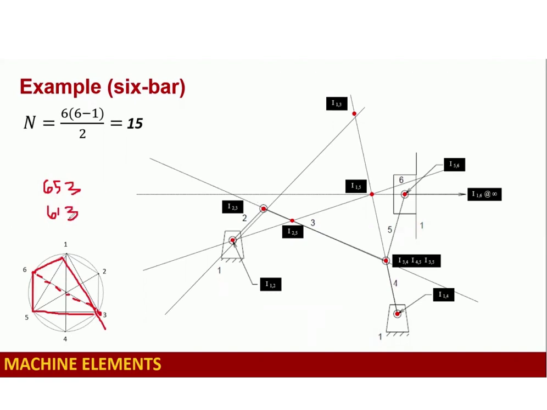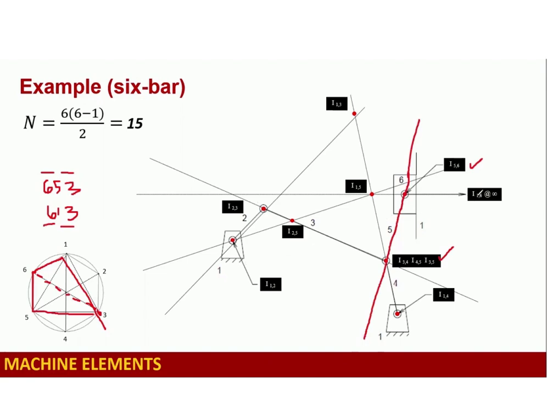So just like what we did, let's connect 5, 6 and 3, 5. So 5, 6, and then 3, 5. So this point here, this line, and then we have 1, 6 and 1, 3.